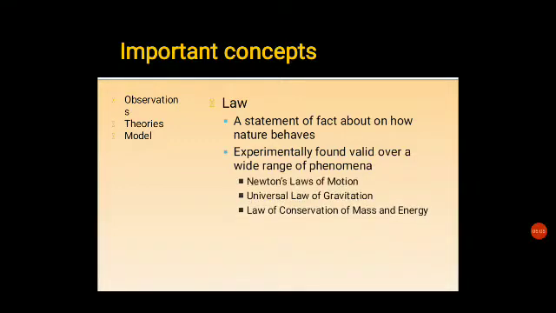And when we talk about laws, scientific law is descriptive, while political law is prescriptive. When we say prescriptive, you should behave that way, while scientific law is the way it behaves.